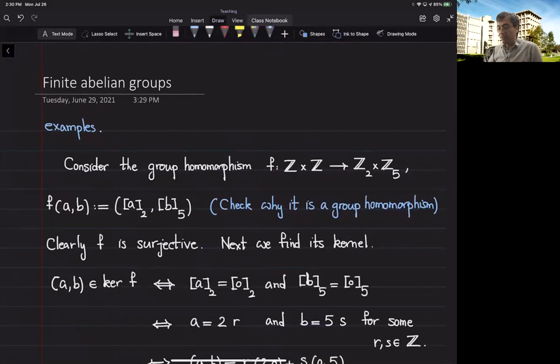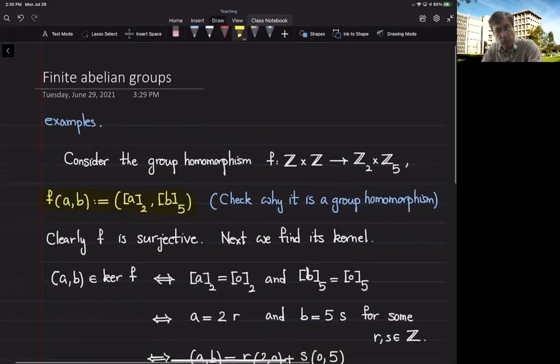The group homomorphism sends Z cross Z to Z sub 2 cross Z sub 5. What is f? I send the pair (a, b) to a mod 2 and b mod 5, the residue class of a mod 2 and the residue class of b mod 5.